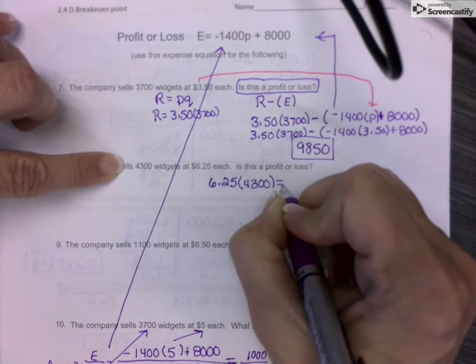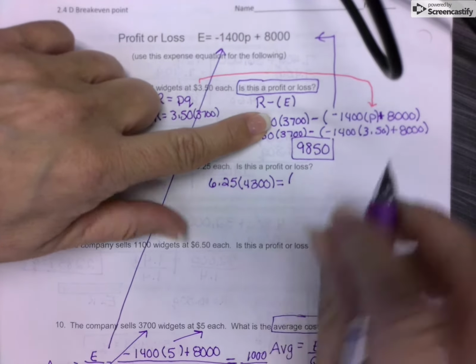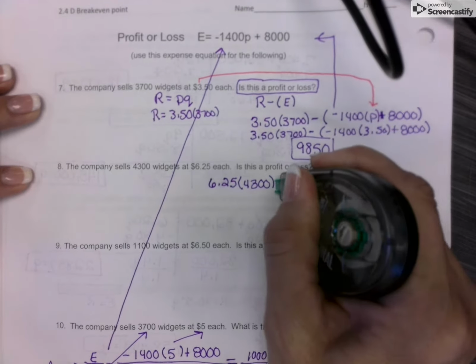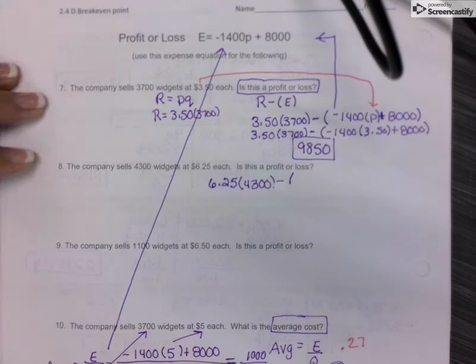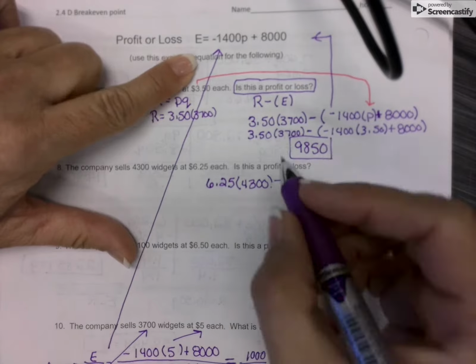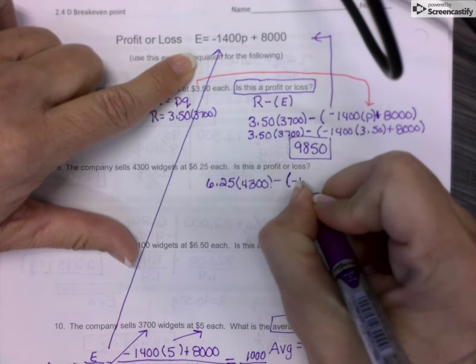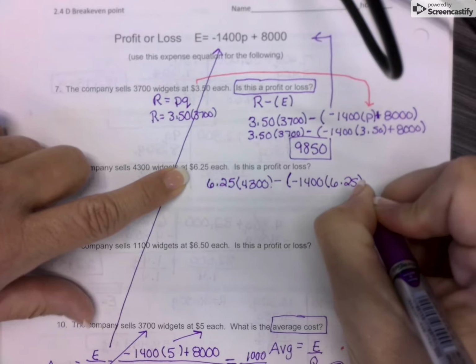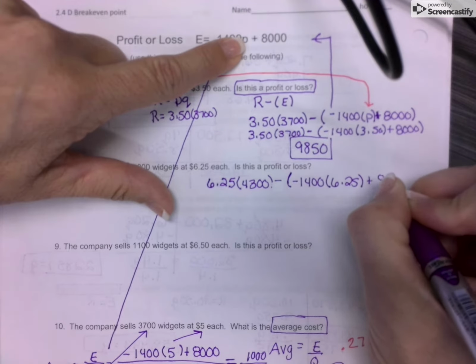And we want to subtract our expenses. So we're going to subtract our expenses, and our expenses are negative 1,400 times P plus 8,000.